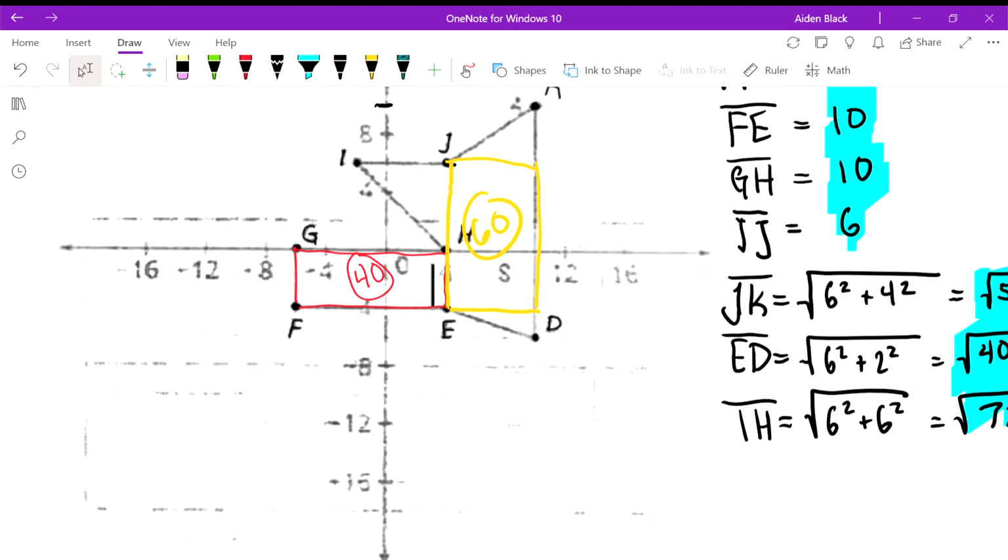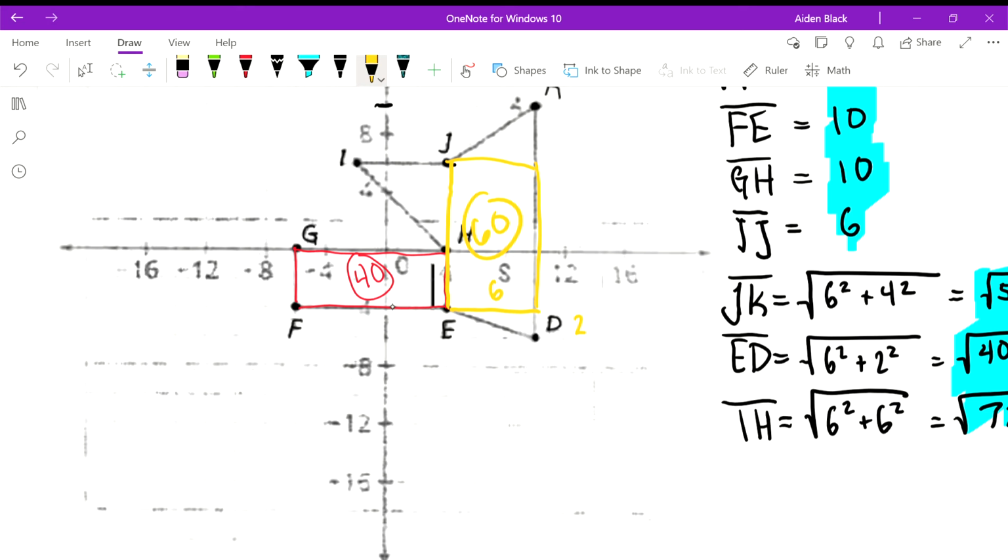Now we need to find these ones, and these are easy, right? It's just base times height divided by 2. So we knew this was 6, and this is 2, because each one unit is 2. So 6 times 2 divided by 2, that equals 12 over 2, or 6, right?